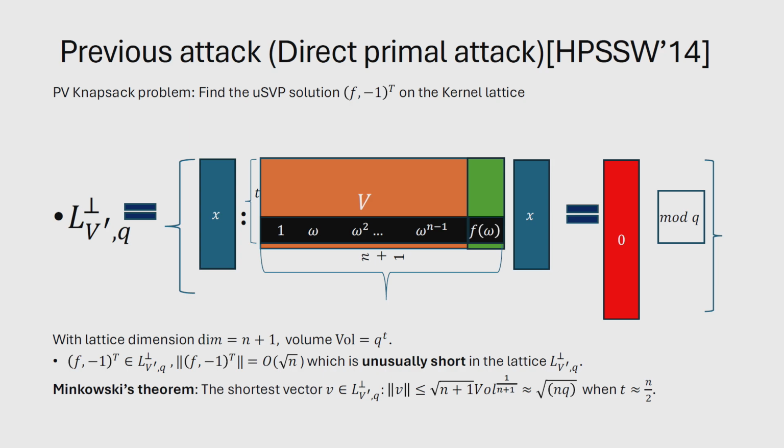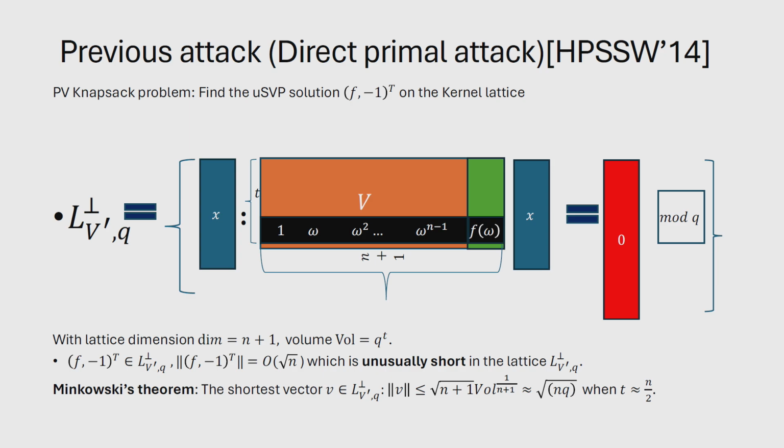So in lattice terminology, this problem is to find some short vector in the kernel lattice generated by this matrix V with the evaluation vector. And this lattice has dimension n plus 1. And because it's a q-ary lattice, its volume is q to the power t. Now, from the last slide, we know this f concatenated with -1 belongs to this kernel lattice.